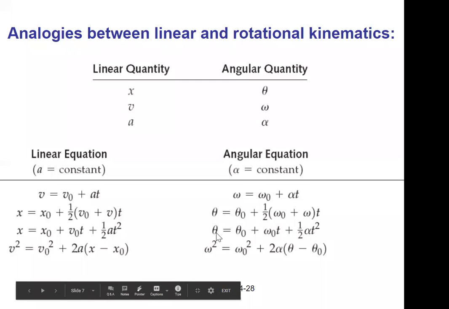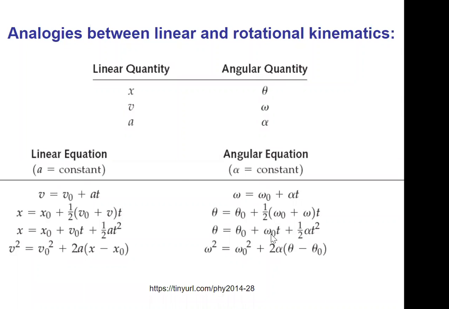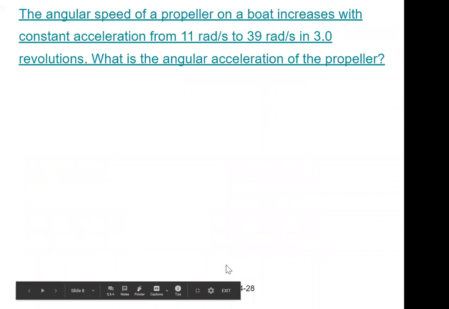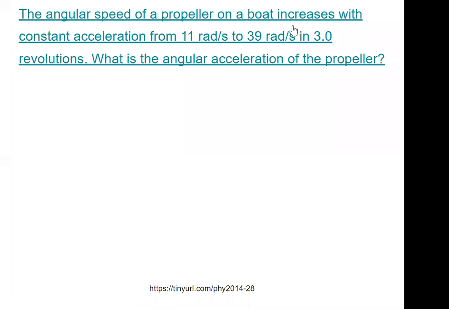Then final position is equal to initial position plus initial angular velocity times t plus 1/2 angular acceleration times t squared. Basically, similar equations with different notations. All right, let's take a look at one example here.